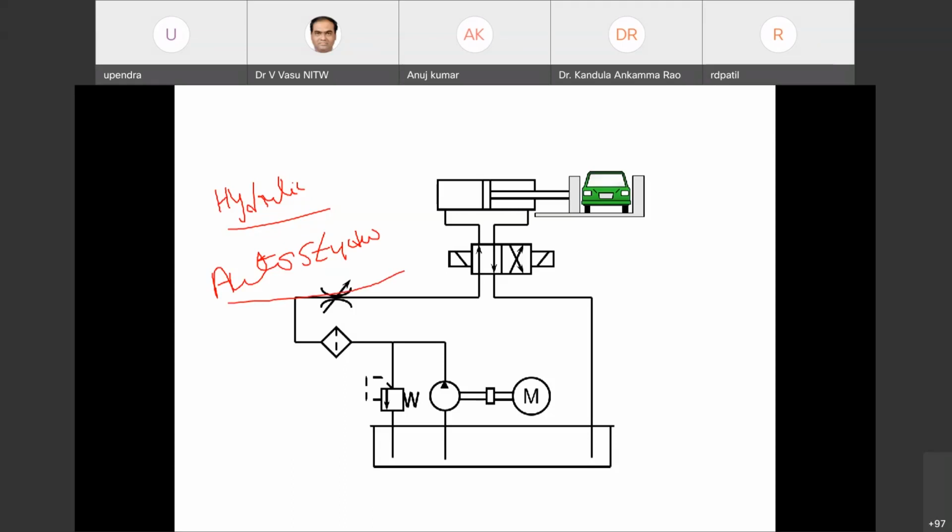In automation companies also, these hydraulic and pneumatic actuating circuits will be there. First, we have to design the hydraulic and pneumatic actuator circuit, and accordingly use it for the applications.